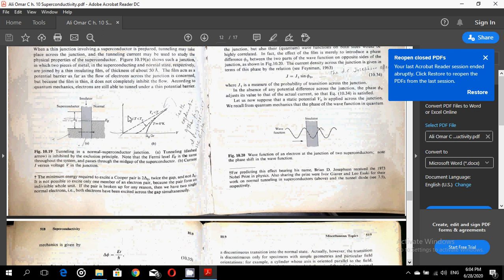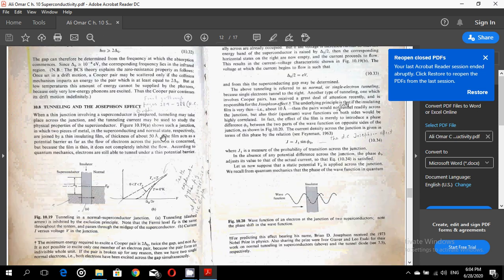Okay, this is the page we are talking about, and you can see the topic in front of you in article 10.8, tunneling and the Josephson's effect.